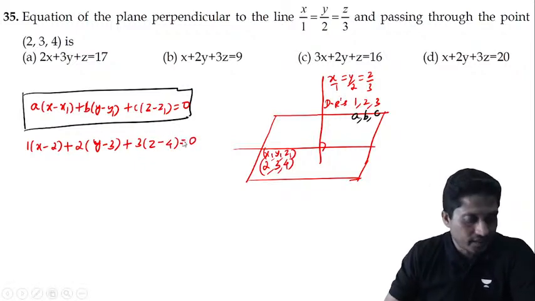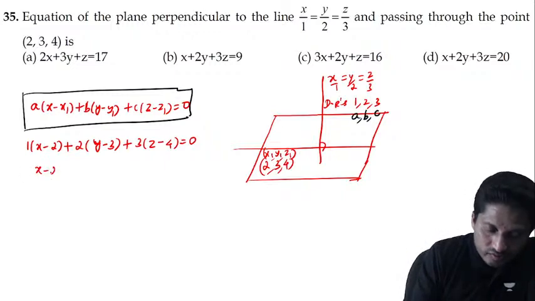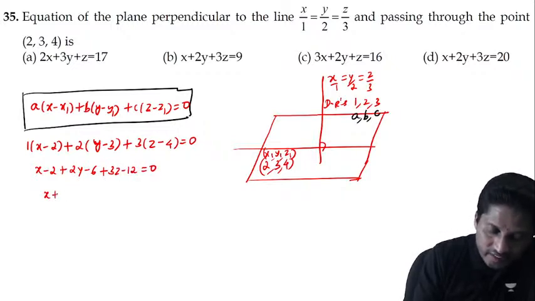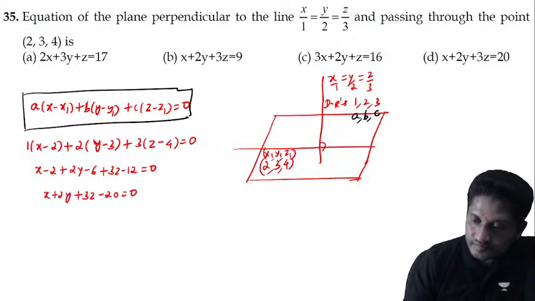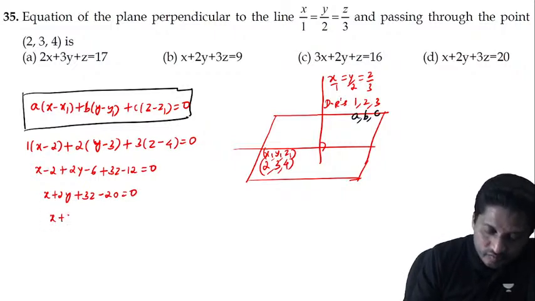Now if I multiply, you will get x minus 2 plus 2y minus 6 plus 3z minus 12 is equal to 0. From this I can write x plus 2y plus 3z minus 20 is equal to 0. That is x plus 2y plus 3z is equal to 20. This is the equation of the plane.